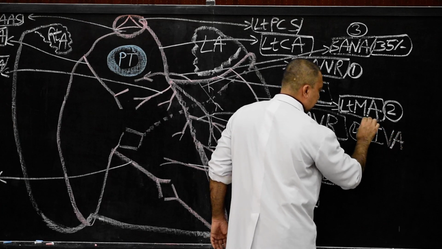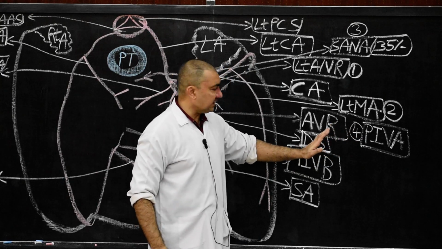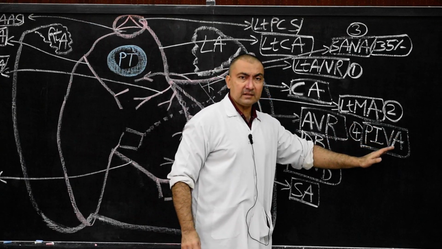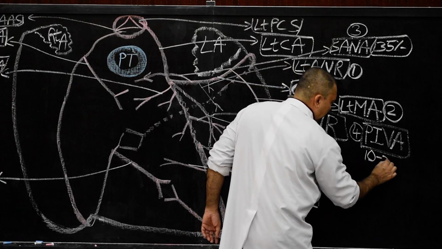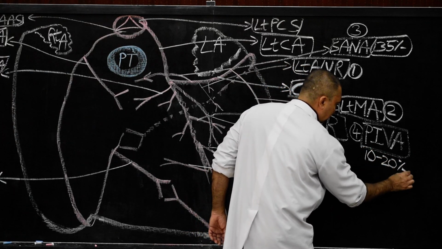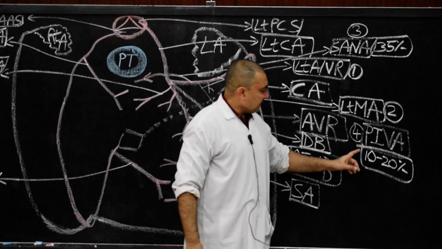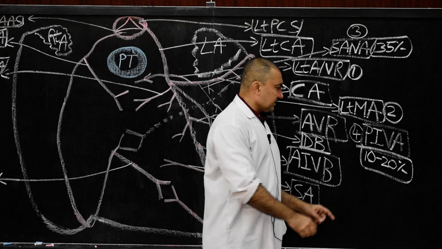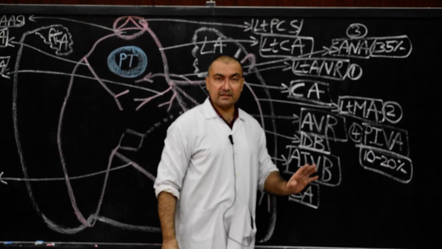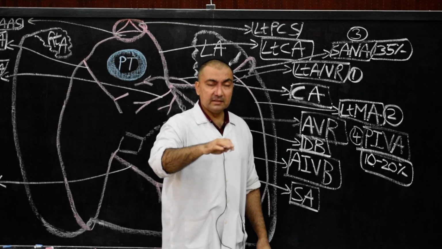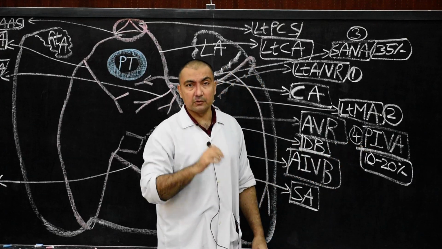No need to draw this in the diagram, simply mention branch number 4 as the posterior interventricular artery, but only in 10 to 20% of cases. In those cases, there will be another branch from the posterior interventricular which will supply the AV node.